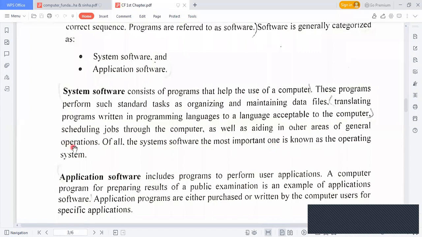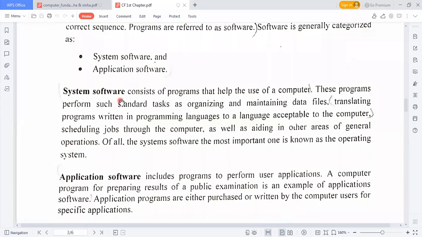You cannot delete this software from the main computer. You must know that in any mobile, any handset or smartphone, there are two types of software. One is system software and the other is application software. The system software you cannot delete, because with its help this mobile can operate.